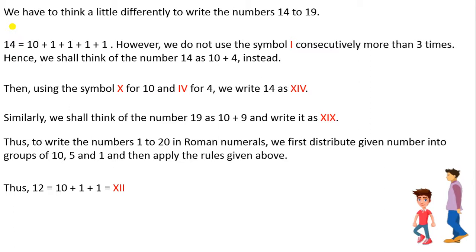Yes, Rahul, give some examples. Okay, number 7 will be distributed as 5 plus 1 plus 1, and it can be written as VII. And the second one is number 18, and 18 is distributed as 10 plus 5 plus 3 and is written as XVIII. Am I right, teacher?